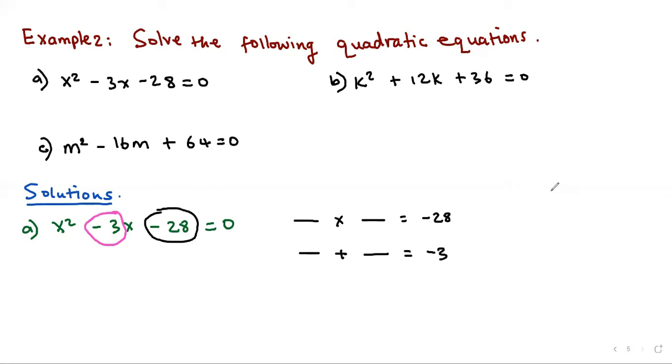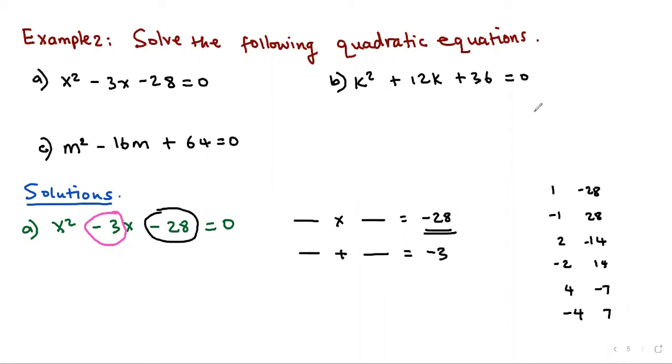Maybe I can have 1 and negative 28, negative 1 and 28, 2 times negative 14, or negative 2 times 14, or 4 and negative 7, or negative 4 and 7. These are the ways I can get negative 28.